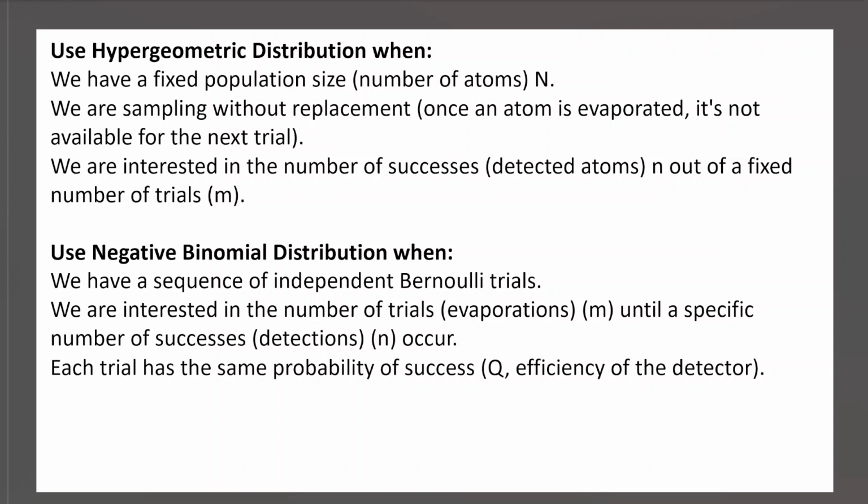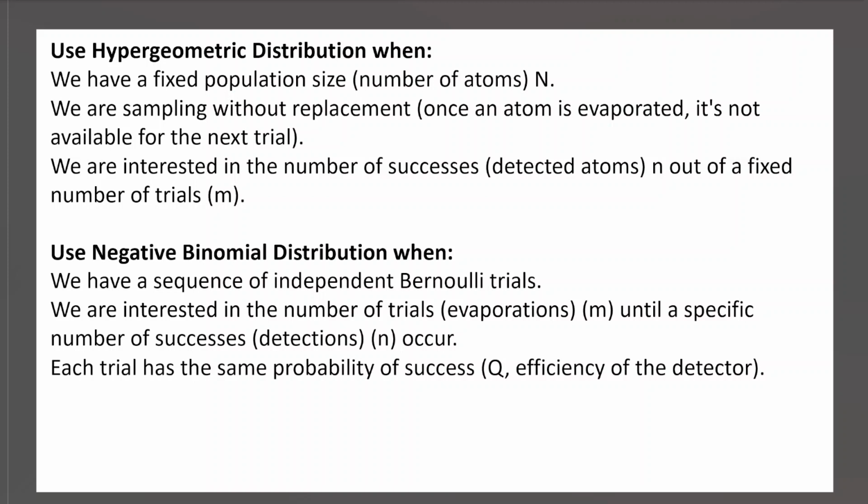So the evaporation process follows the hypergeometric distribution, because the probability depends on the size of the population, and it is done without replacement.